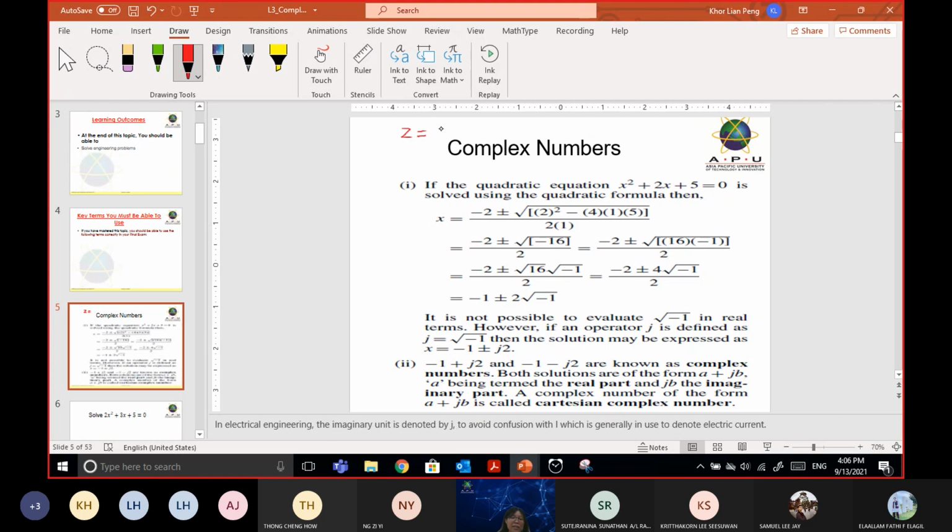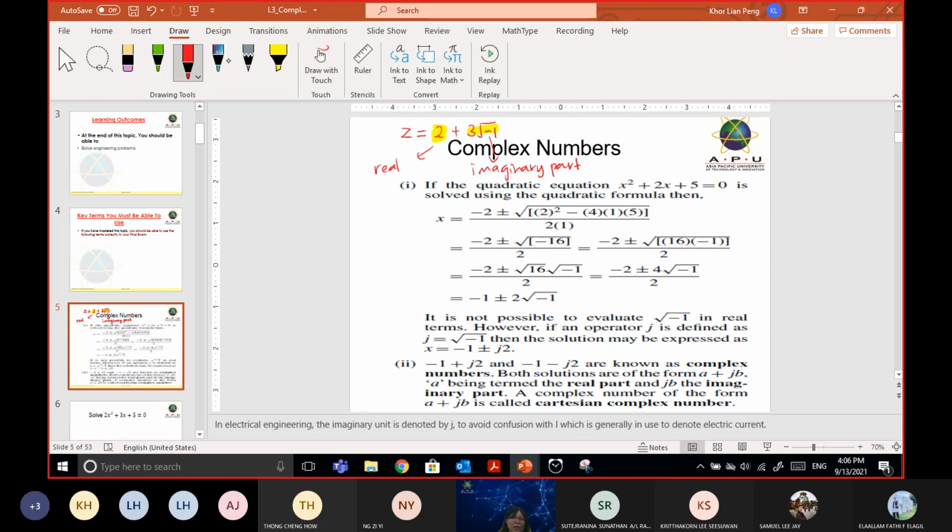For example, if I write 2 plus 3 square root of -1, this is a complex number. A complex number consists of a real part and the part with the square root of -1, which we call the imaginary part.